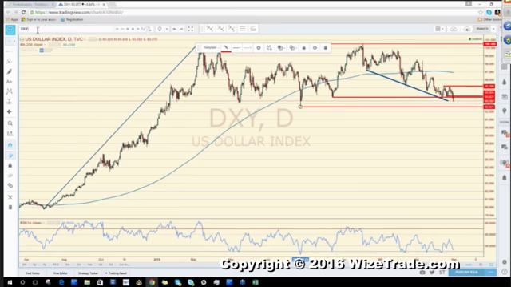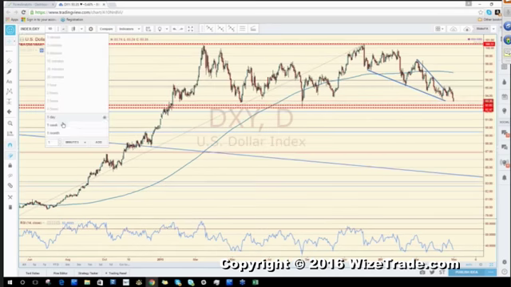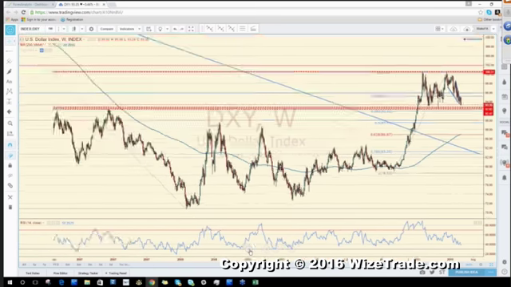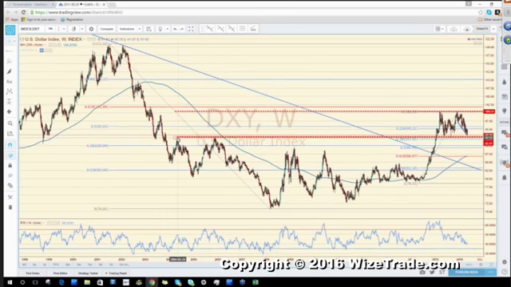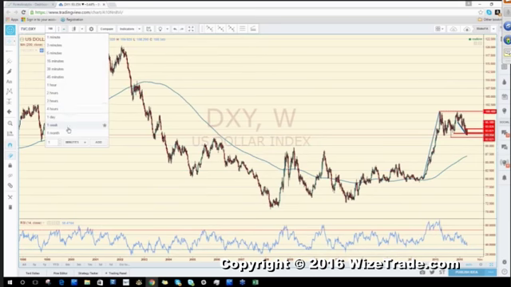Because if you don't know why that's so important, that's the breakout point right here from 2004, 2005. And we tagged that and reversed, and I blogged about it too.